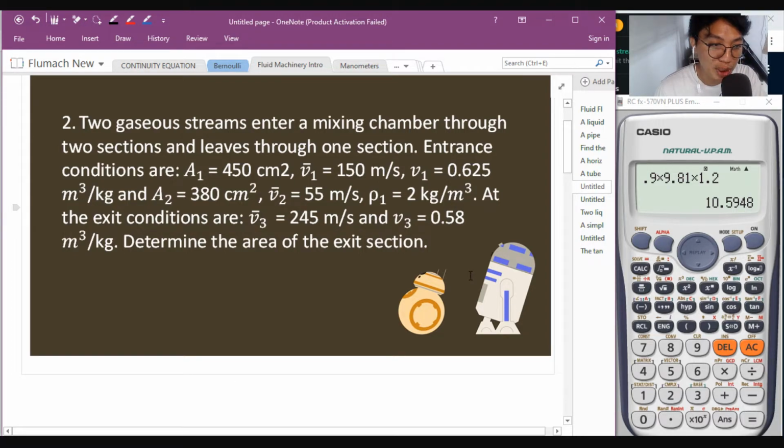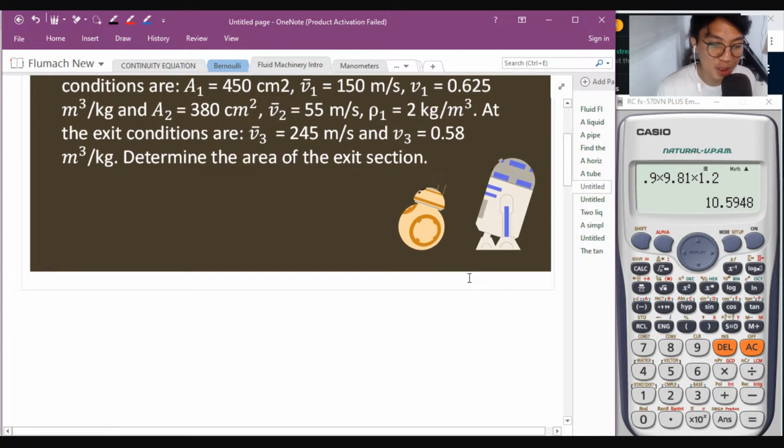And then, specific volume. Ano ba yung specific volume? The specific volume of a fluid is equal to the reciprocal ng density ng fluid na yun. Okay? Tandaan nyo ito. Reciprocal lang yan.